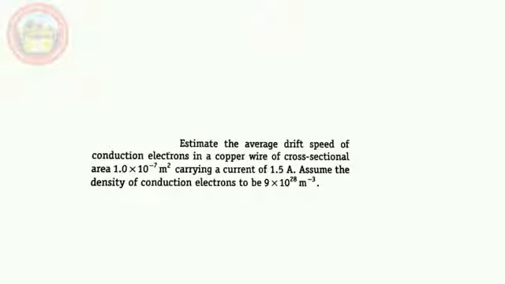Coming to the next problem. Estimate the average drift speed of conduction electrons in a copper wire of cross-sectional area 1.0 into 10 power minus 7 meter square, carrying a current of 1.5 amperes. Assume the density of conduction electrons to be 9 into 10 power 28 meter power minus 3.